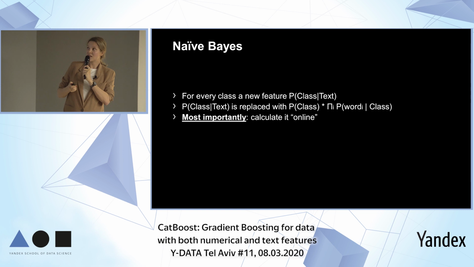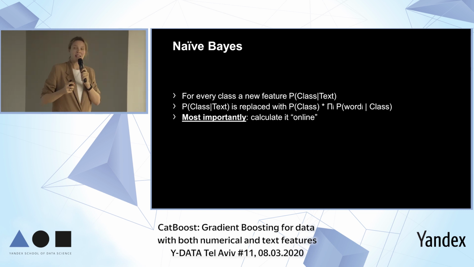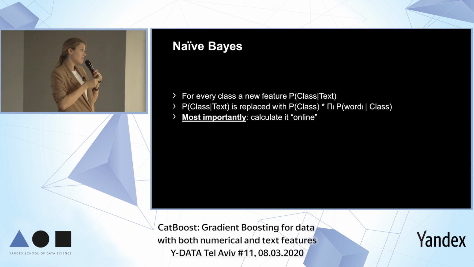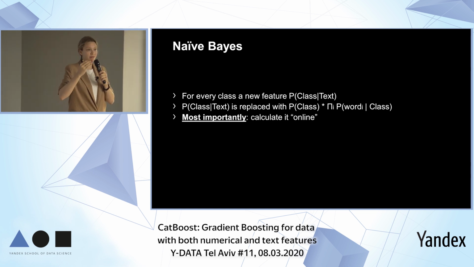The next feature is a little bit more tricky. It's called naive Bayes. If I'm solving a classification or multi-classification problem, for every class I'm introducing a new numerical feature for my text.